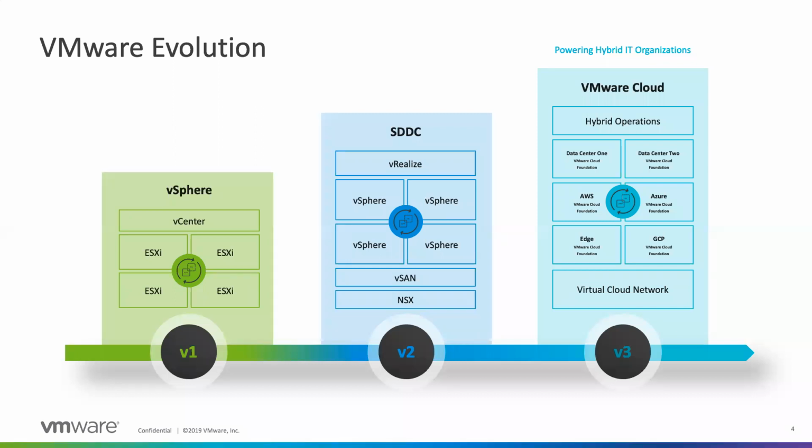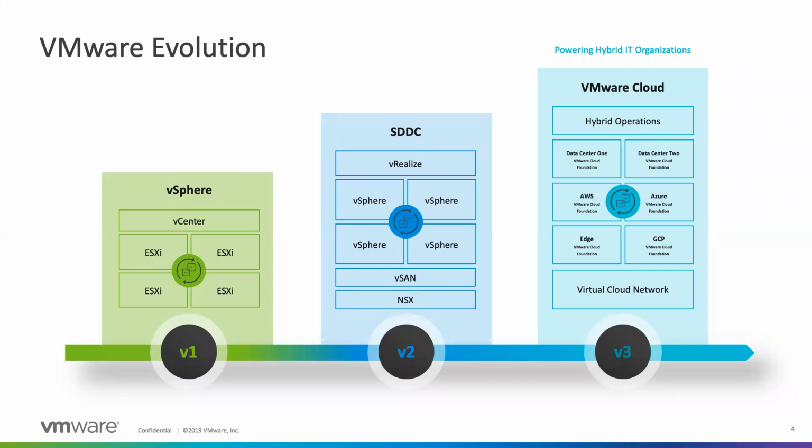Where I see the next generation going is really with VMware Cloud. What we view this as is the ability to operate the same way with the same tooling anywhere: within your on-premises environment, publicly in the public cloud with our partners or VCPP partners, as well as on the edge.